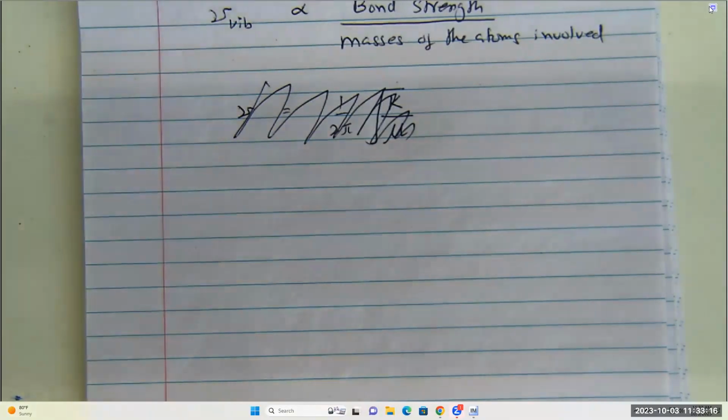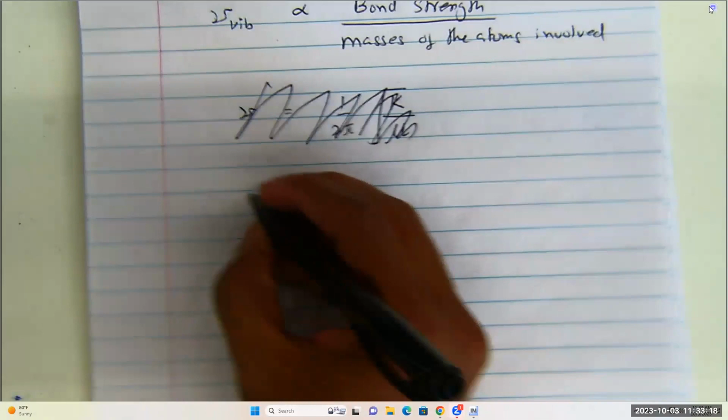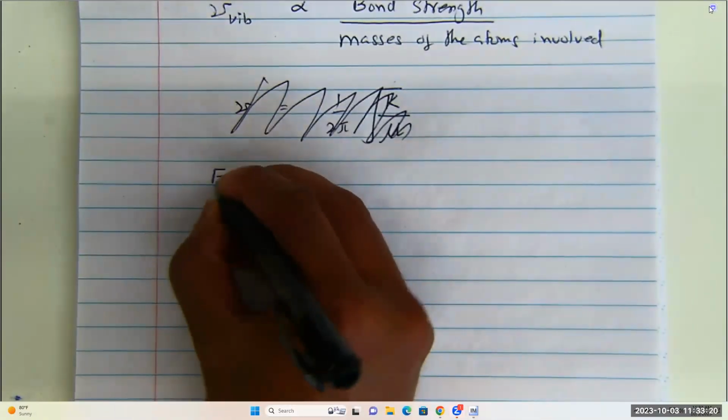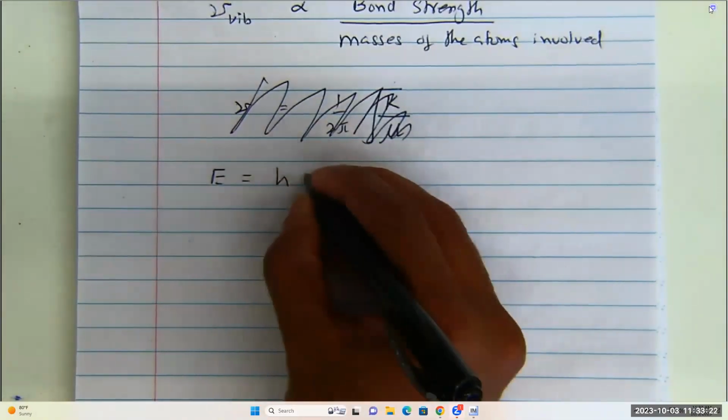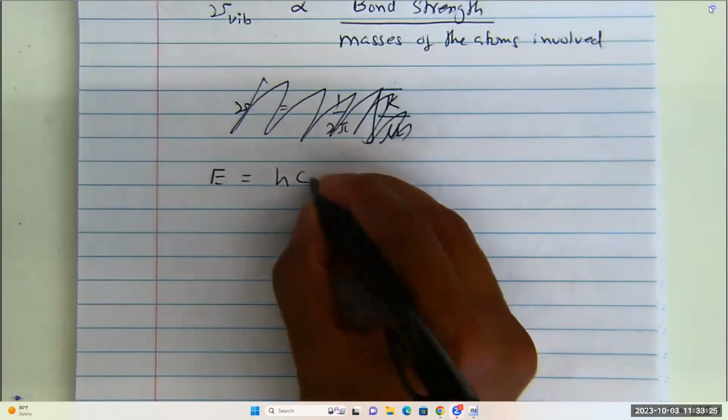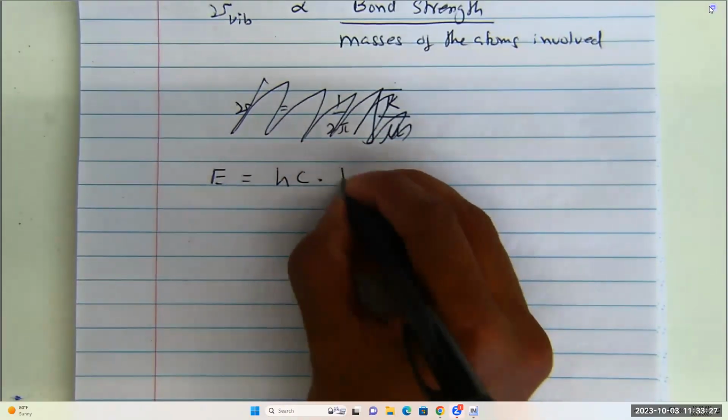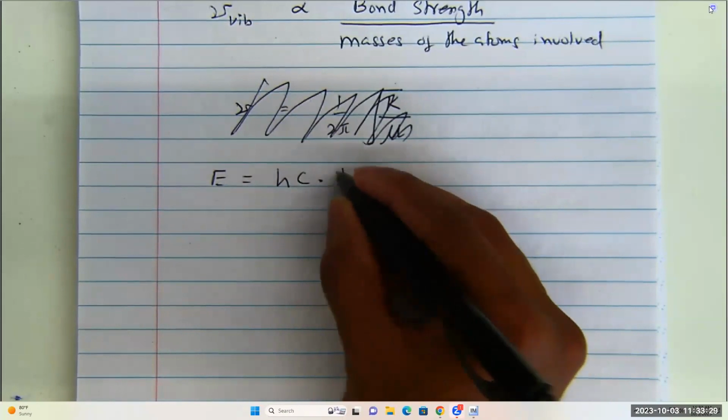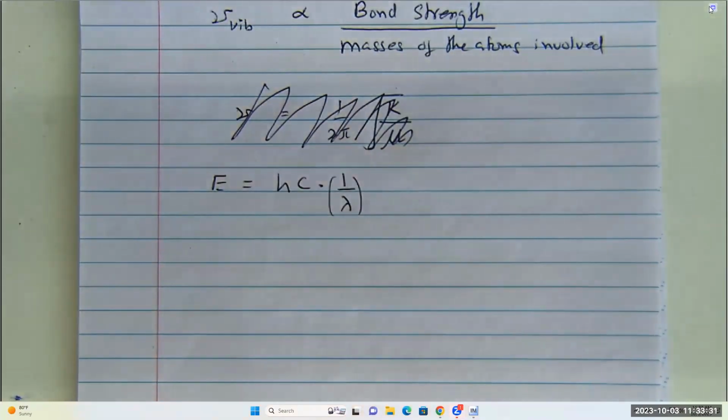We know energy of a photon is equal to hc over lambda, so hc times 1 over lambda. It's the same thing, right?